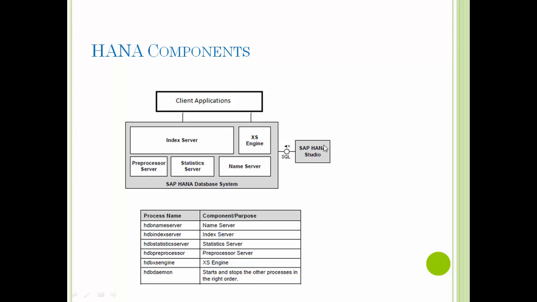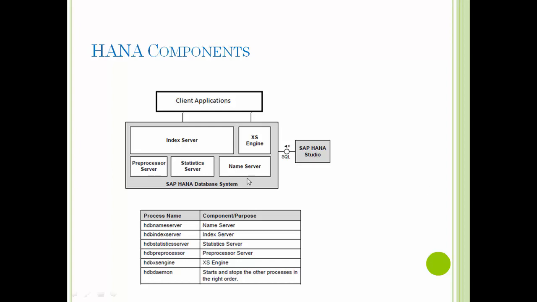Now, what is this SAP HANA Studio? SAP HANA Studio is an Eclipse based tool. Basically, it is developed in Java and based on the Eclipse platform. It's a GUI based tool and it offers both the development environment and the administration tool for the SAP HANA database.